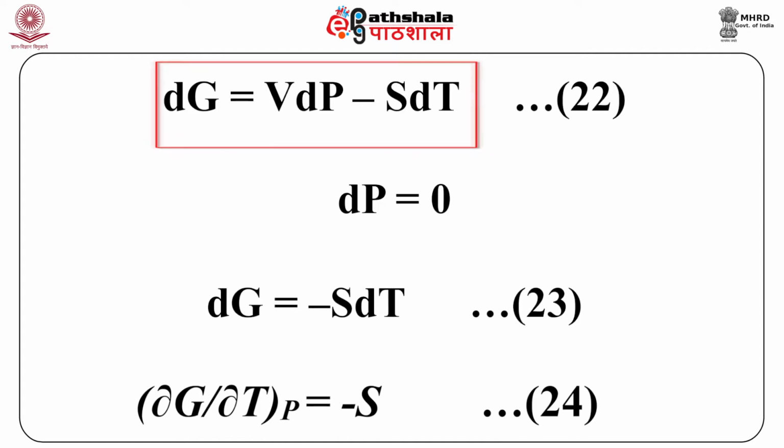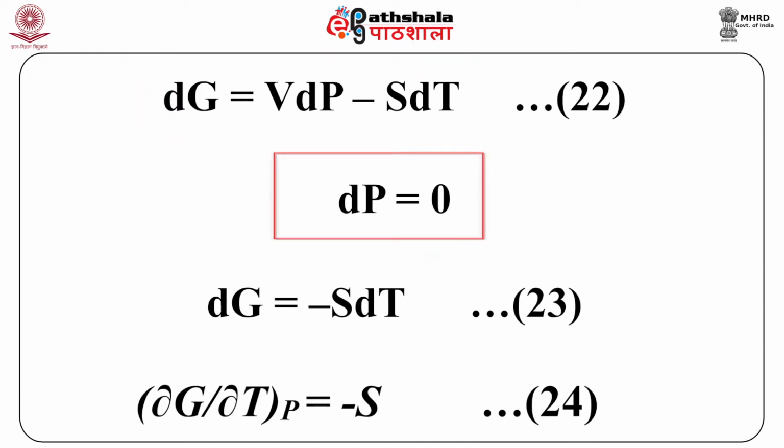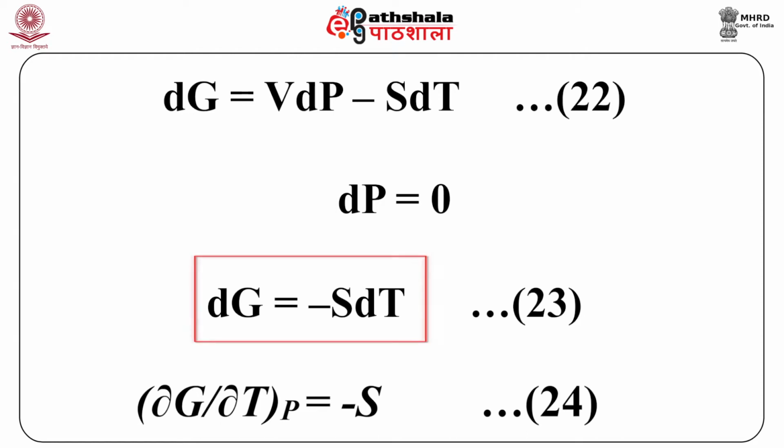The equation gives the change in free energy on variation of temperature and pressure. If the pressure of the system is kept constant, then dP is 0. Thus, equation 22 becomes dG equals minus SdT as our equation 23.